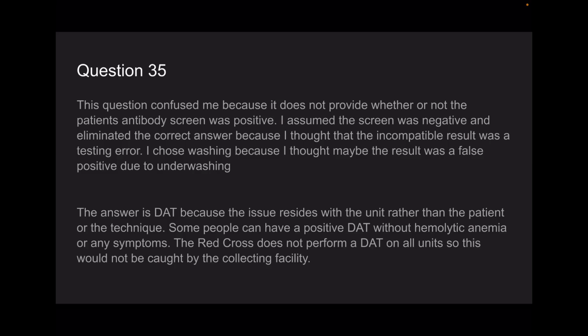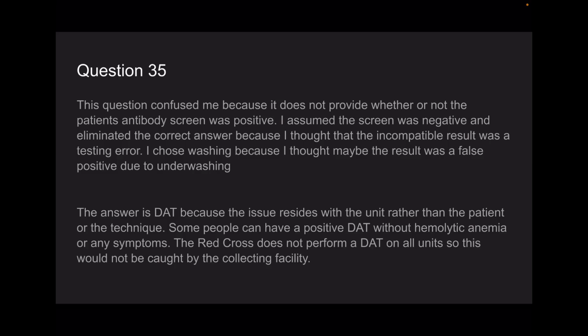So I thought that the incompatible unit was maybe due to a clerical error or a technique error. So I chose wash the donor cells and use the wash cells for testing because I thought maybe the agglutination was a false positive due to underwashing.